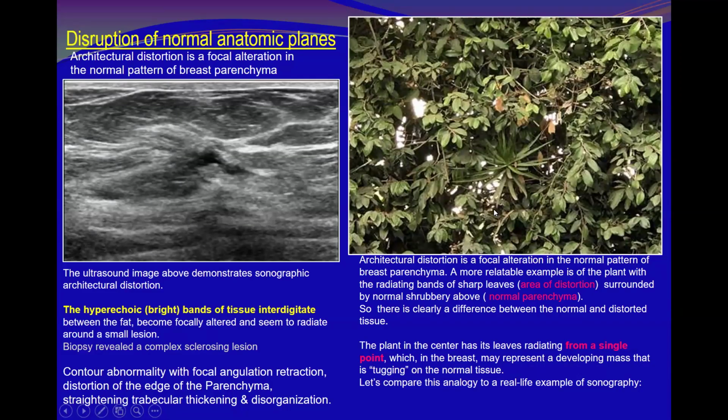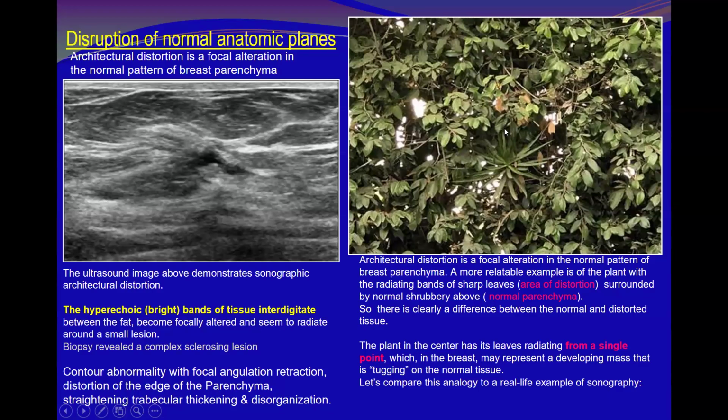Okay, let us see these examples. Let us simulate this plant with the breast parenchyma. If we look here, we can see this shrubbery, normal shrubbery. We can consider it as the normal parenchyma. Throughout, it is the same, except for this area here. Here we can see different leaves.